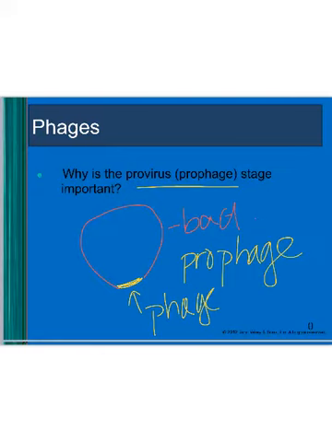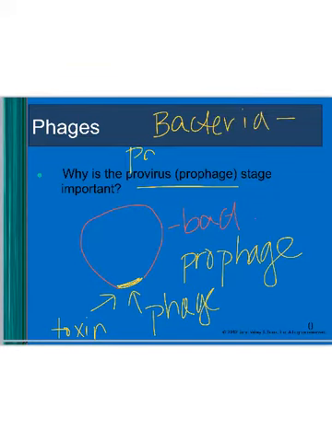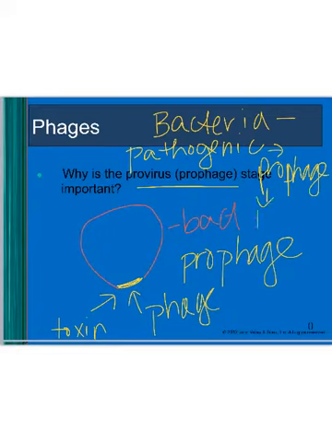What can actually happen is the bacteria will make the protein for the phage, and that protein can be a toxin. So some bacteria are only pathogenic if they're infected with the phage. They have the prophage, and that makes a toxin.